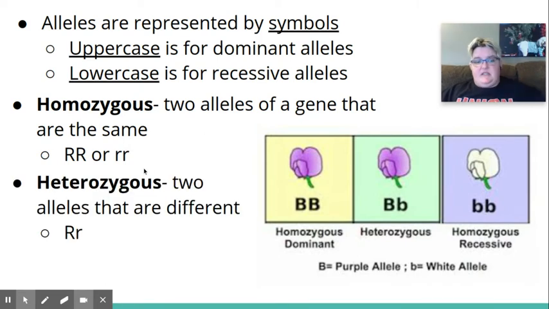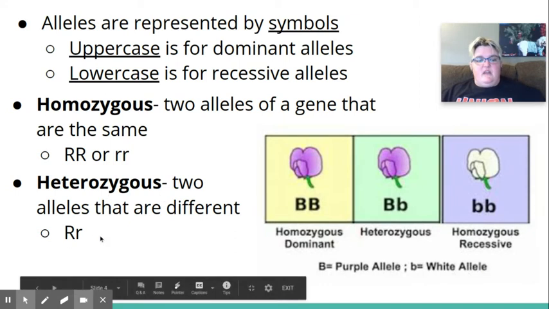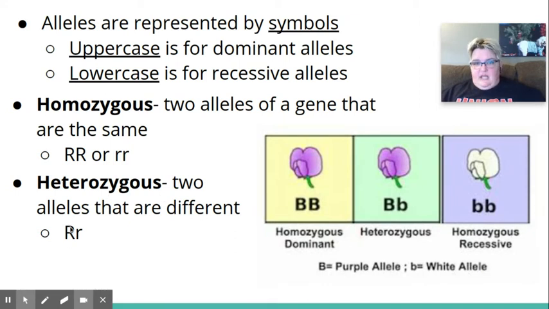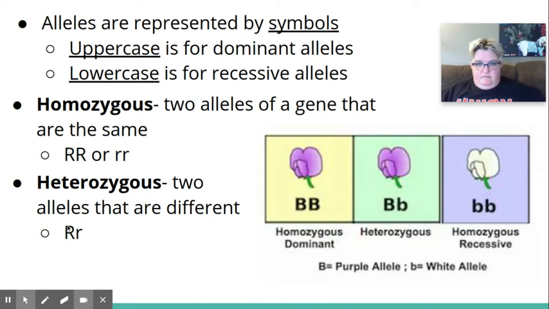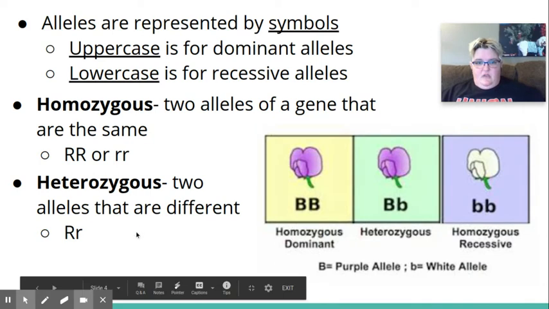And then the opposite of that, the heterozygous, is when you've got two different, one capital, one lowercase. You're still going to see only the capital, but that little one's there, and that could affect the next generation. All right, so that is our notes for this particular lesson.